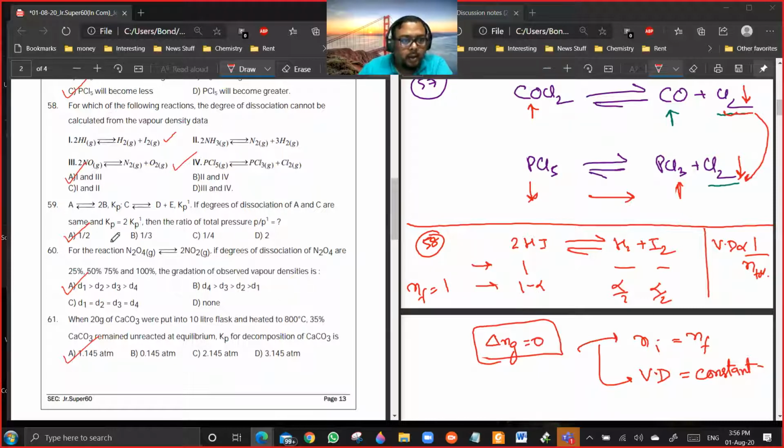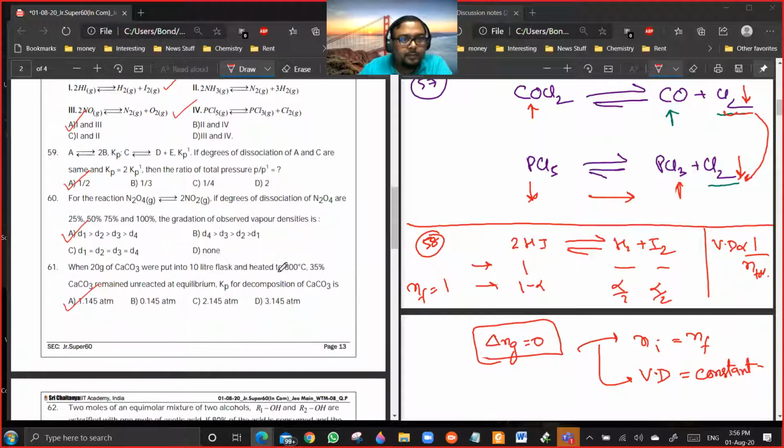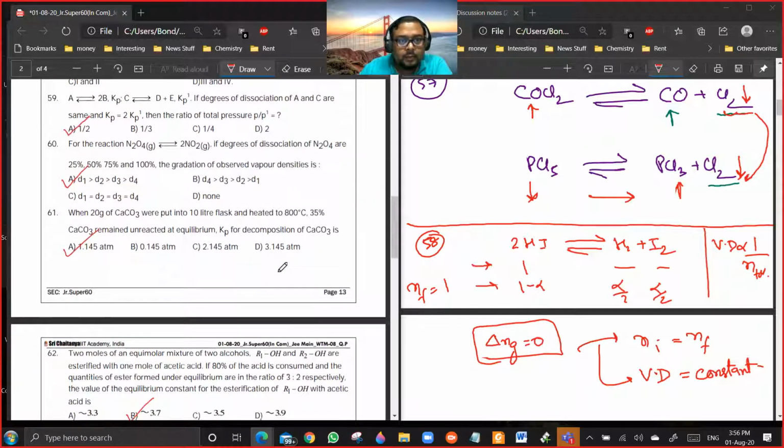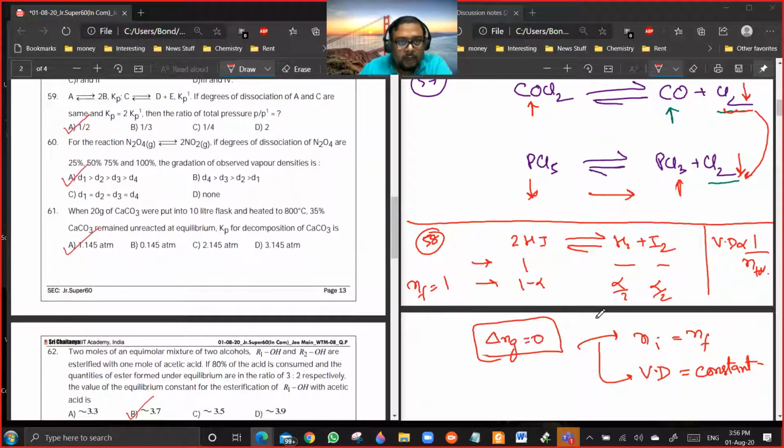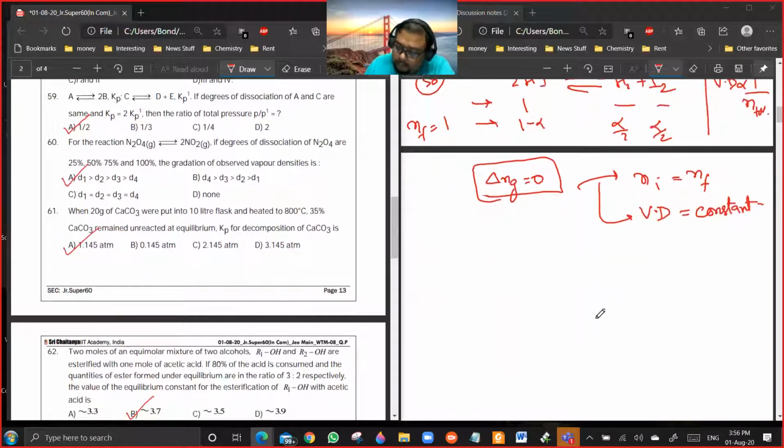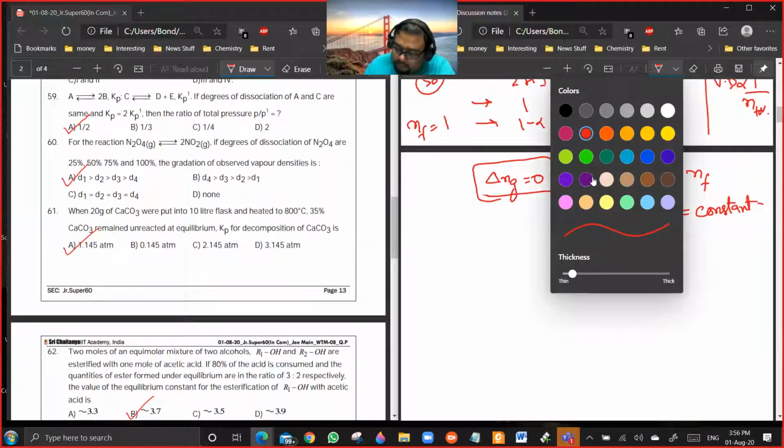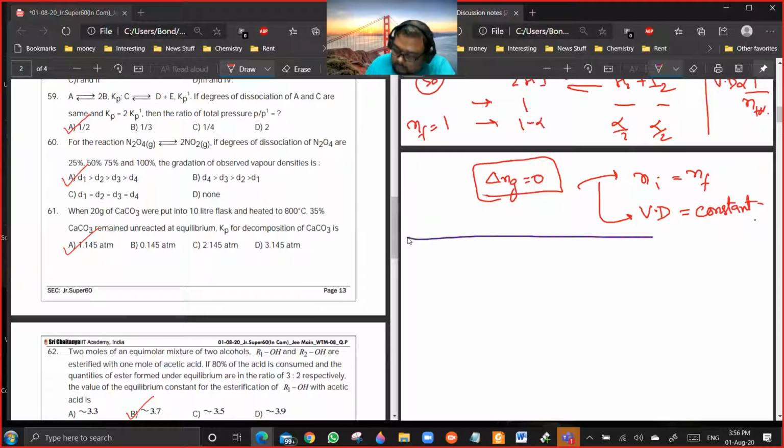So after 58, 59. In 59, you have two equilibriums, A giving 2B and C giving D. And the degree of dissociation they say is the same.